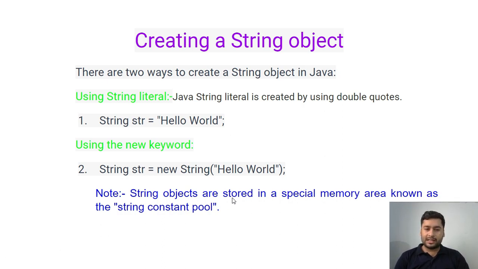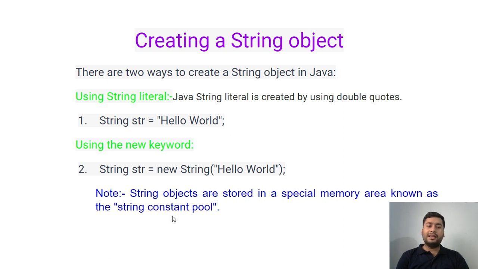String objects are stored in a special memory area known as the string constant pool. So whatever string object we have created with a string literal is going to be stored inside the string constant pool. Okay, this is the one area. Sometimes the interviewer will ask, can you please tell me what is the string constant pool?